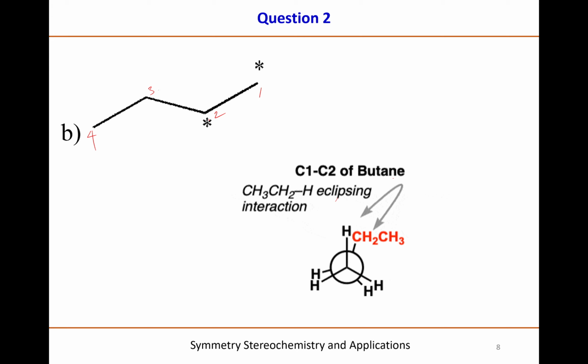Here we have to take 1 2 carbon atoms. We have to consider 1 2 carbon atoms and draw the Newman projection. Sorry, not cyclobutane. I'm sorry for this one. 1 2 butane Newman projection.